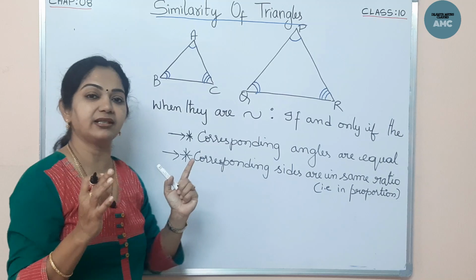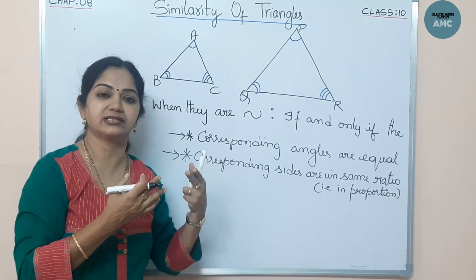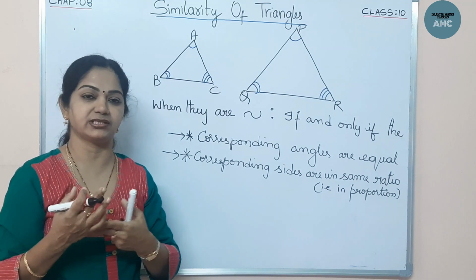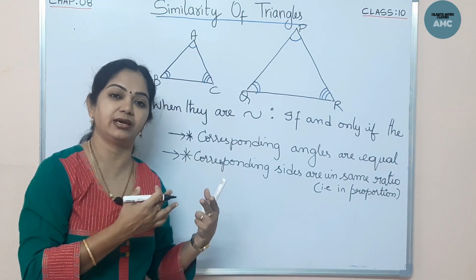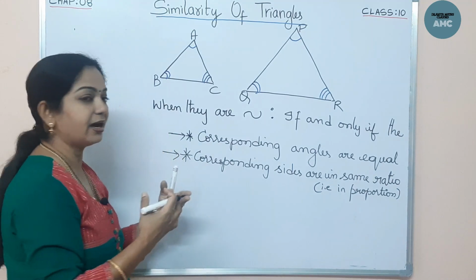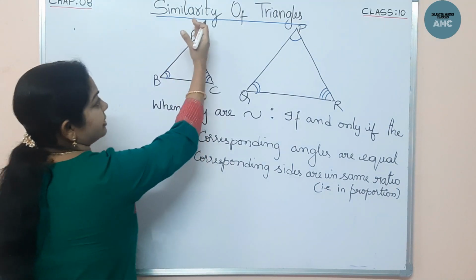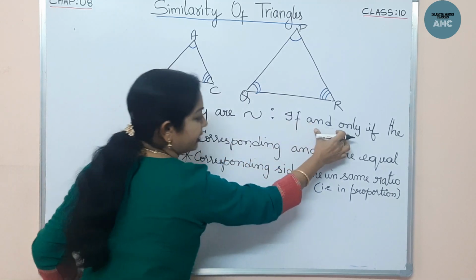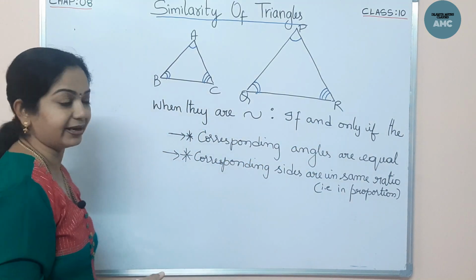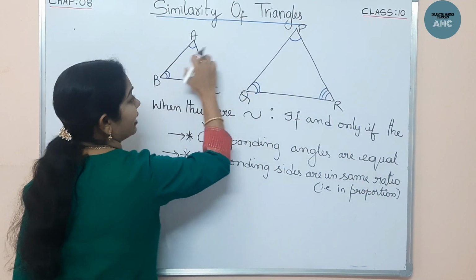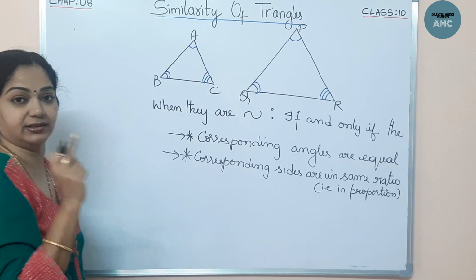In general, we say that congruent figures have the same shape and same size. But similar figures have the same shape but need not be the same size, isn't it? In the similarity of triangles, triangles are similar if and only if the corresponding angles are equal. The angles must be equal.